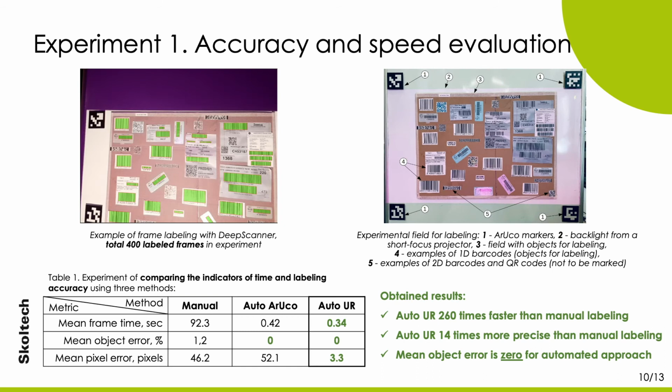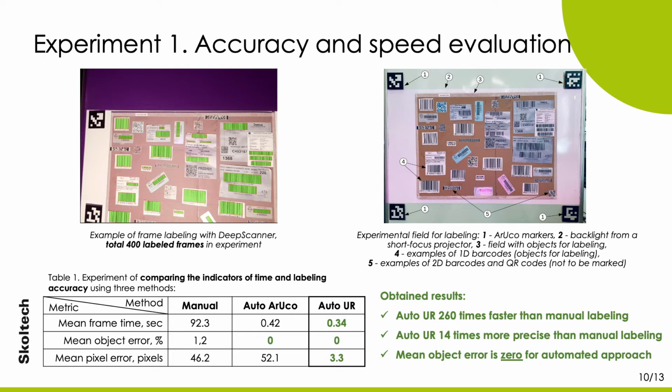For the experiments, a stand was developed containing a set of many types of 1D barcodes, only vertical lines. Also, to understand the labeling errors of objects, not pixel errors, during manual labeling, additional extra 2D barcodes and QR codes were added, which according to the condition of the experiment do not need to be labeled.